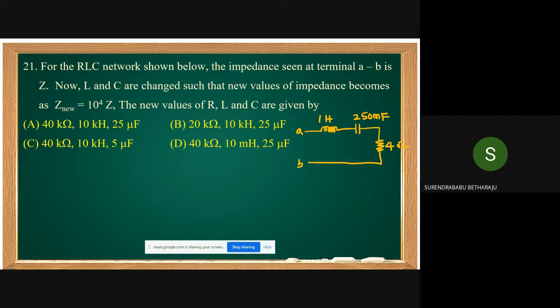Here Z nu equal to 10 power 4 Z means we are increasing the impedance by 10 power 4. This is called magnitude scaling.